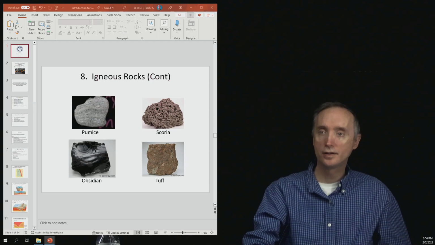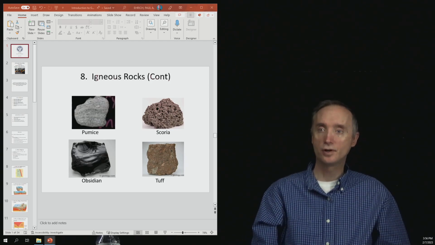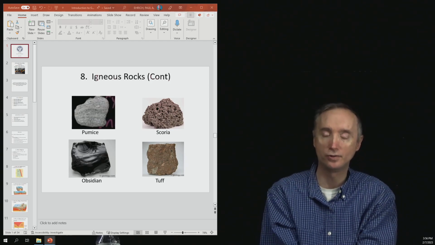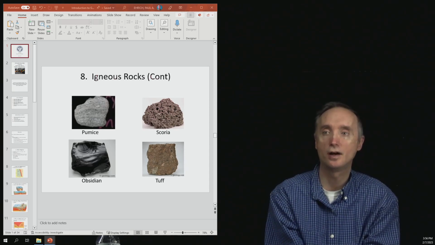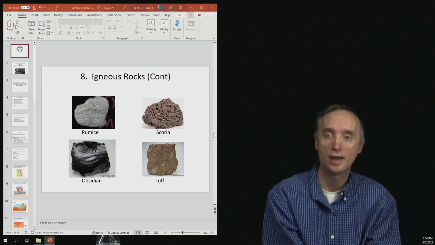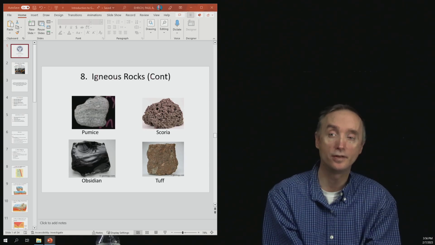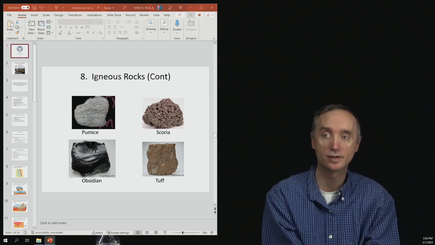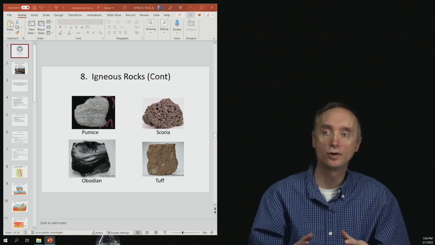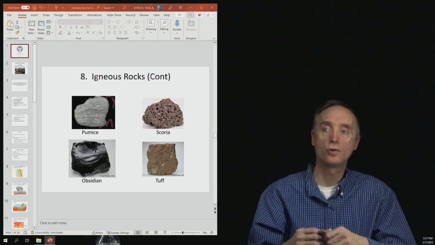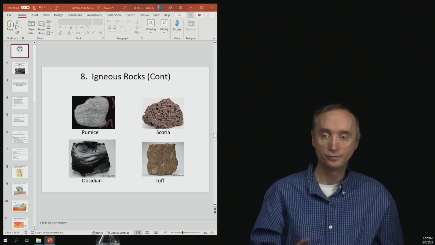Okay, let's go ahead and do this one. So here are some special examples of igneous rocks, and actually all 3 of these are the pyroclastic rocks. So rocks that tend to form either at the surface of the earth or as they're flying through the air.